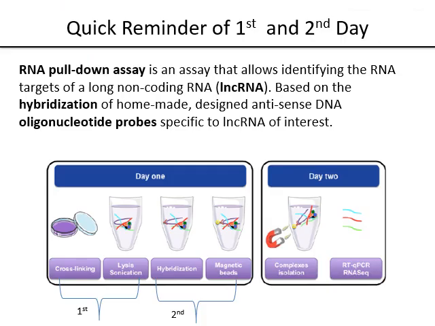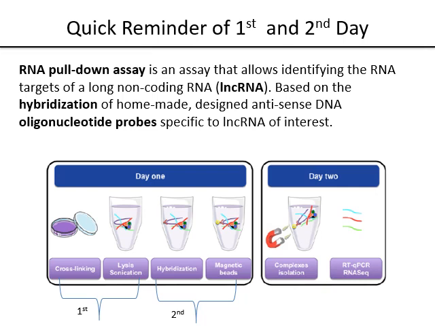So just a quick reminder of what we covered in the first and second day of our training program. We talked about the first part of the RNA pull-down assay, and then we talked about long non-coding RNA and gave a brief background about this kind of RNA. Then we talked about the hybridization step.